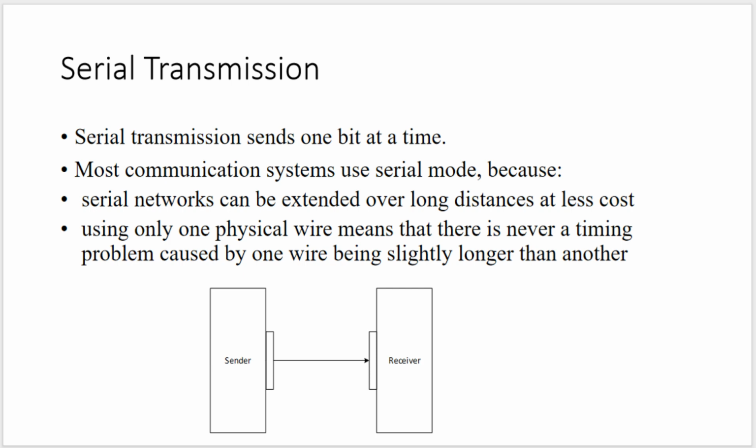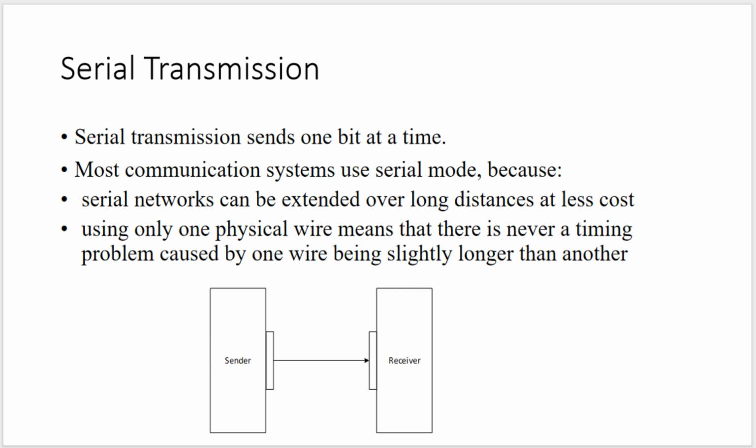So bits are transmitted one at a time over a single channel or line. The characteristic is slow compared to parallel transmission, but suitable for long distance communication. It is less susceptible to signal degradation and synchronization issues.